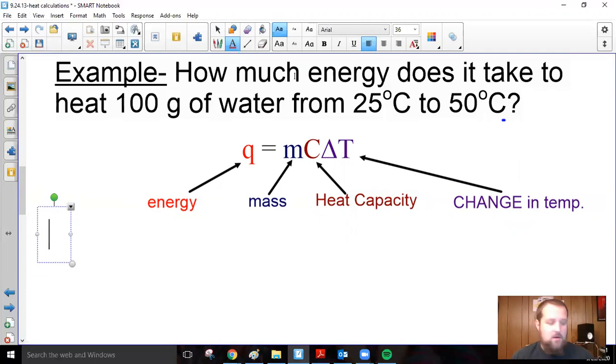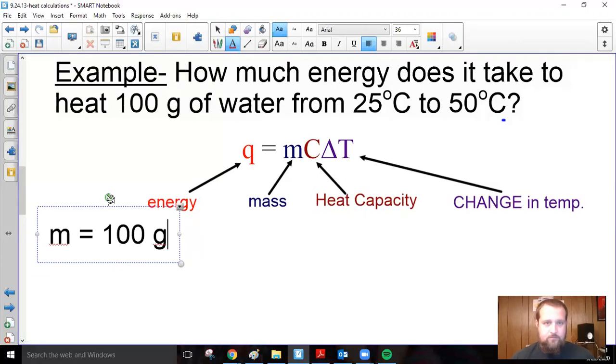So I'm reading here, how much energy does it take to heat 100 grams of water? I see that, and I'm like, 100 grams. G is for grams. I know that's the mass. So I would write down M equals 100 grams. I keep going, and I'm heating it from 25 degrees Celsius to 50 degrees Celsius.